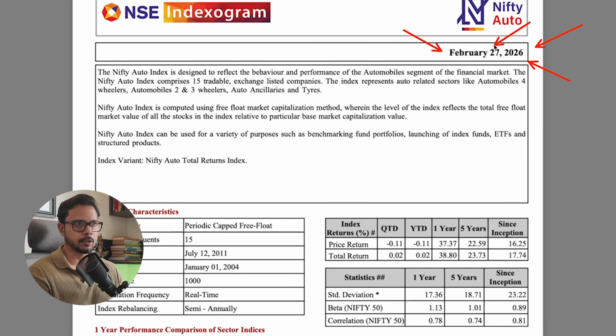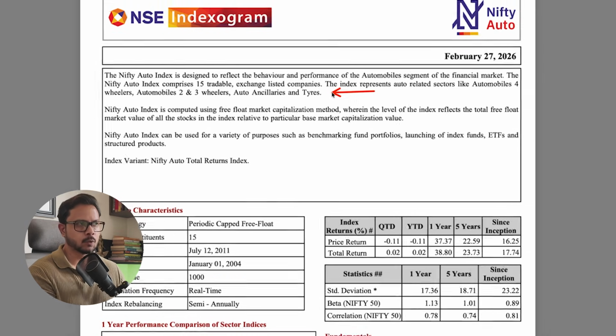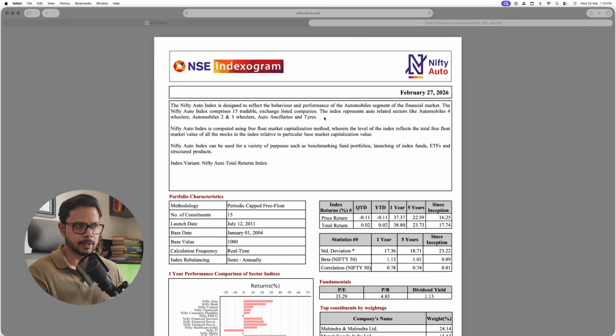This data was last revised on the 27th of February, just a month back. It will talk about the auto index comprising 15 tradable exchange listed companies: automobiles, two-wheelers, three-wheelers, auto ancillaries, and even tires. So it's going to tell us what all it is comprised of.